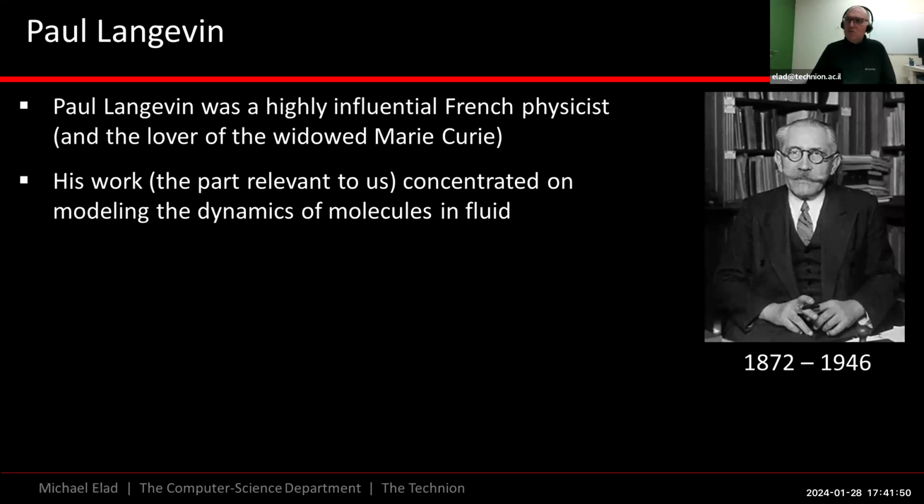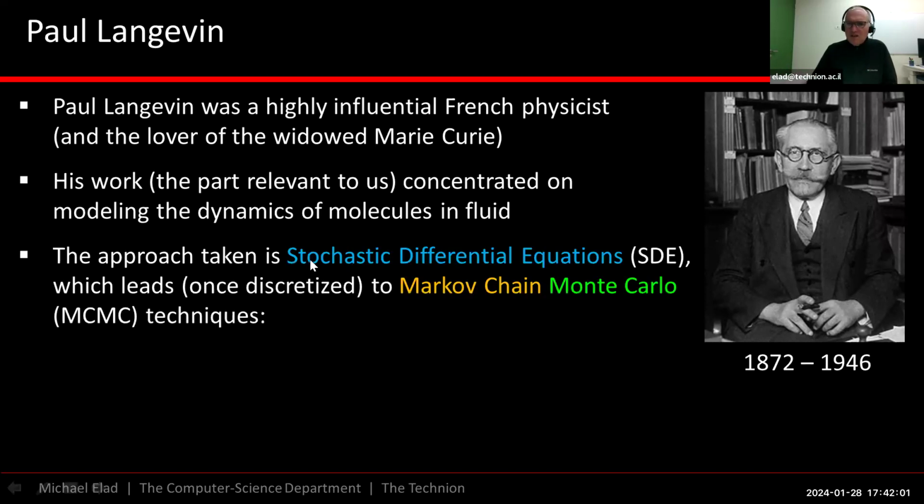Essentially, this means that he was more of a mathematician than a physicist because he was playing with specific constructs of math known as stochastic differential equations. And so with stochastic differential equations, something that we will see in a minute, he defined a Markov chain Monte Carlo technique that essentially answered the question of how molecules are moving in fluids over time.